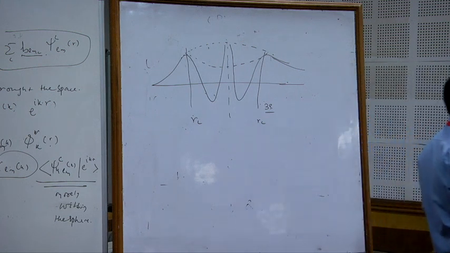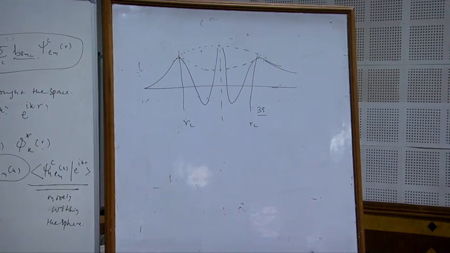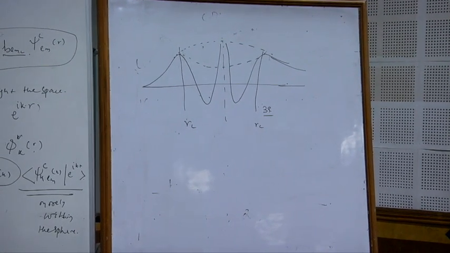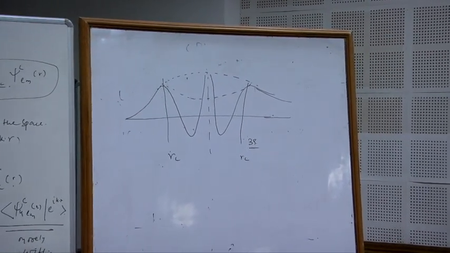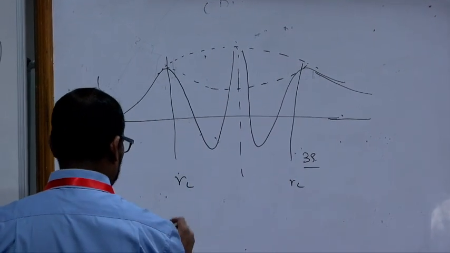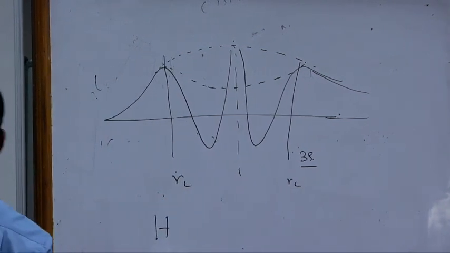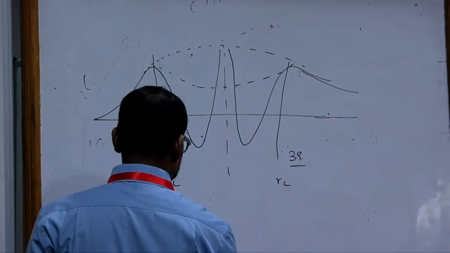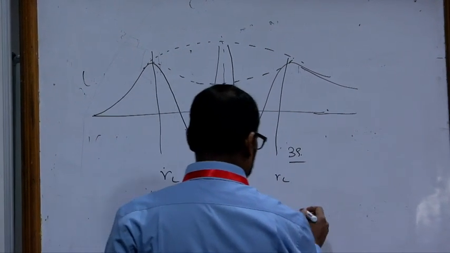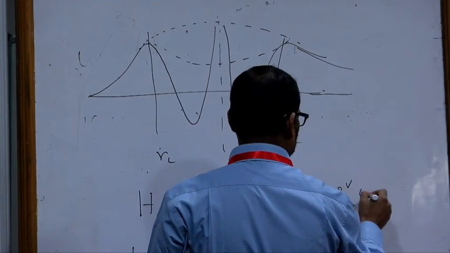You are really not worried about, in principle, the behavior of the wave function near the nucleus. You are rather worried about the behavior of the wave function far away from the nucleus. Okay? And that is where the idea of the pseudo-potential method kind of emerges. So they say that if I do the whole Schrodinger equation for the total wave function phi l n, I will get some E l n phi l n.